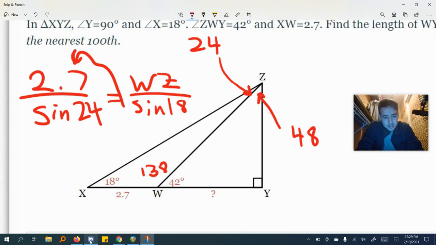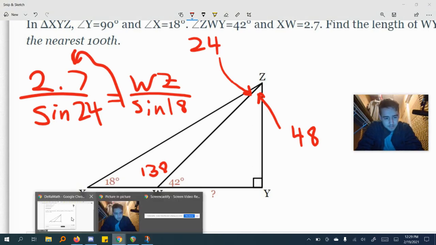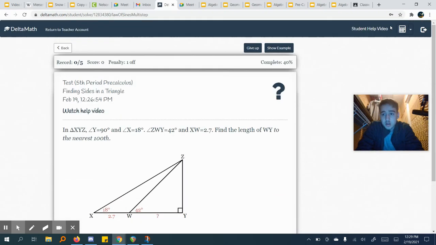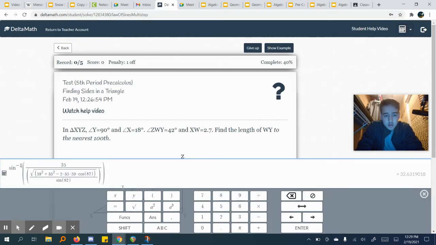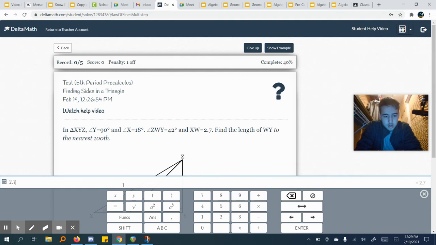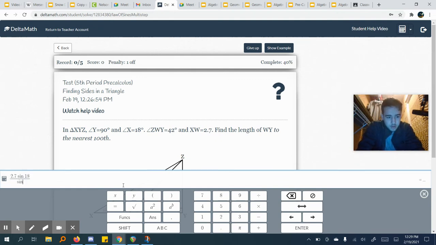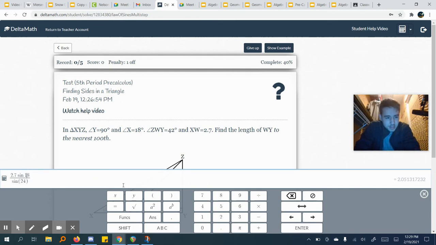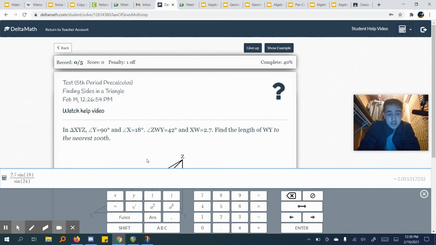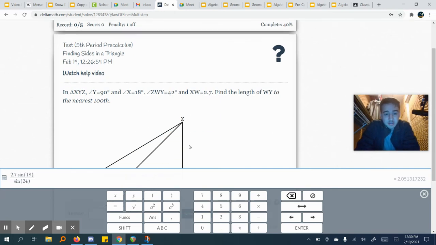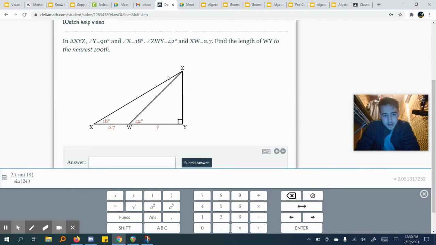So 2.7 sine 18 over sine 24. Now we'll actually use parentheses just for the sake of making sure everything is in the right place. That is going to be the side WZ right here.